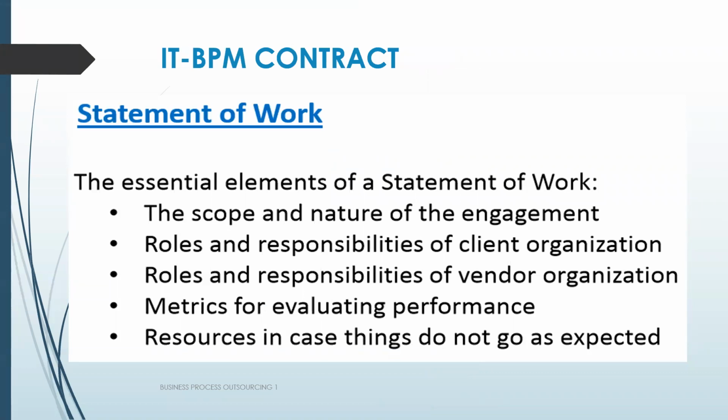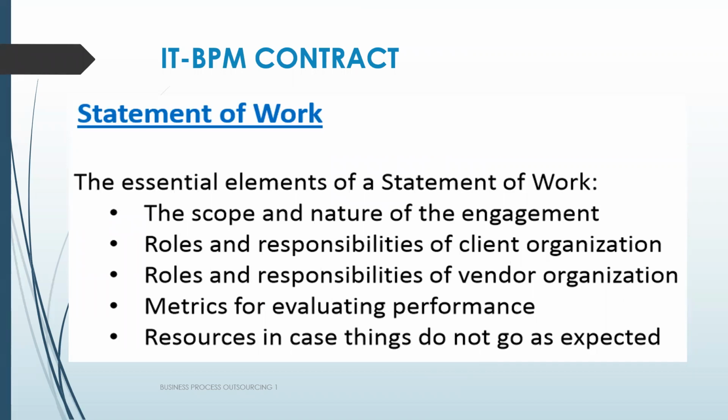And then the statement of work, or sometimes scope of work. So the scope and nature of the engagement, roles and responsibilities of the client, roles and responsibilities of the service provider or the vendor, metrics for evaluating performance. How are they going to measure the performance of the vendor? So these are the metrics. Resources in case things do not go as expected.